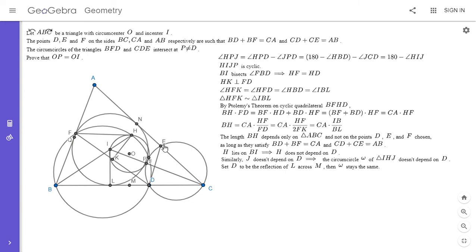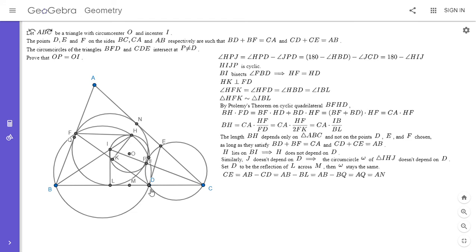So in other words, E and F are also where the excircles are tangent to the sides. So I'm going to prove that here. So we have CE, it's equal to AB minus CD using this condition.